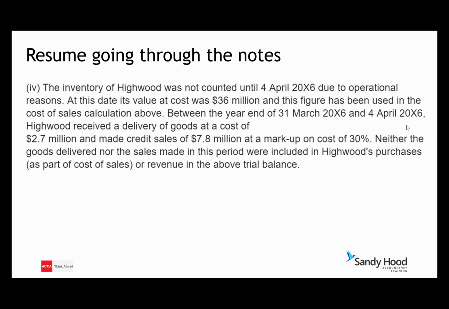That's helpful. So the closing balance does include the additional items that have been purchased during the period, but the purchases haven't been included. And the revenue doesn't include it either. So we've got to make some adjustments, but we don't need a lot.